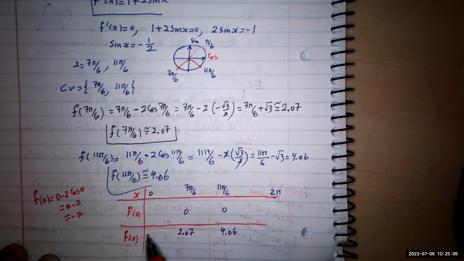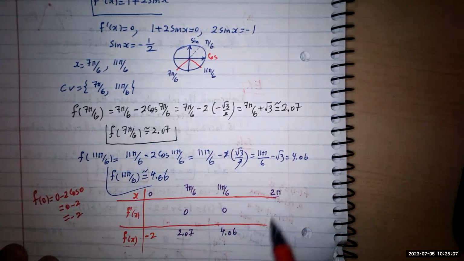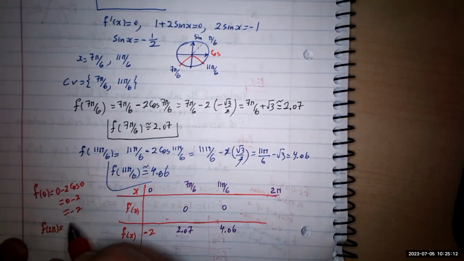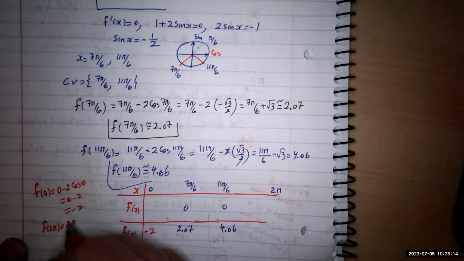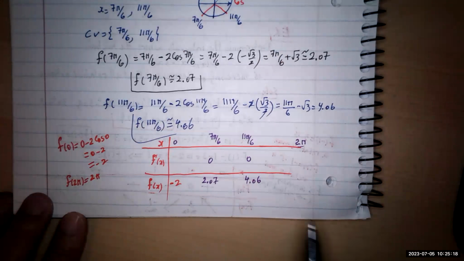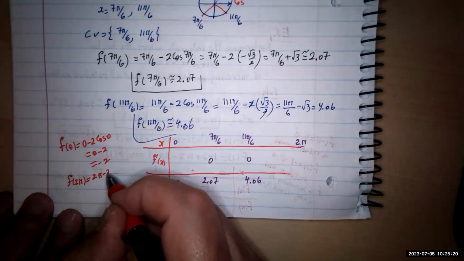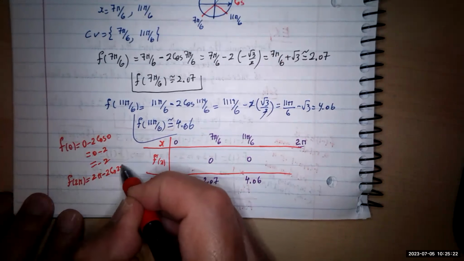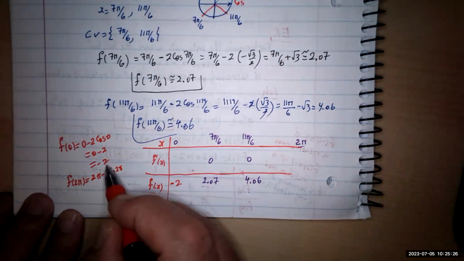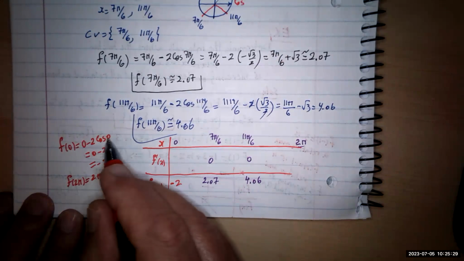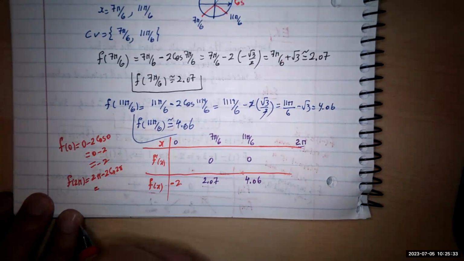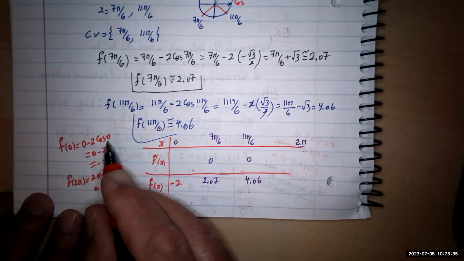So I put the negative 2 here. And I find f of 2π. F of 2π is 2π minus 2 cosine of 2π. Cosine of 2π is 1, because the cosine of 0 is 1, so it's the same thing.